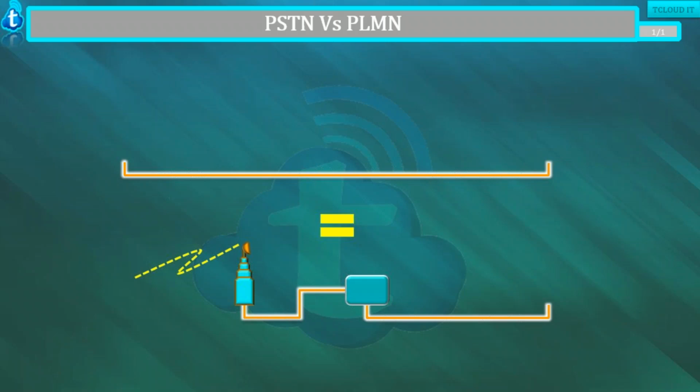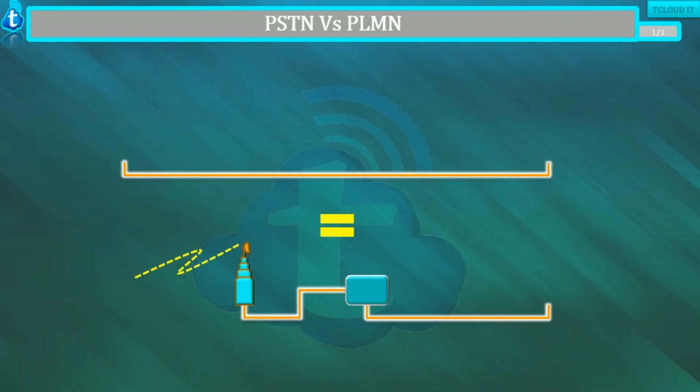So the single wire between the device and the switch is equal to these many links in the case of radio communications. But ultimately, whether it is your landline phone or your mobile device, both have to reach a switch or an exchange, which will make the decision about whether the service should be provided or not.